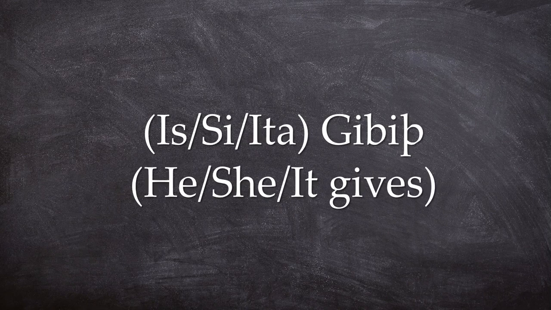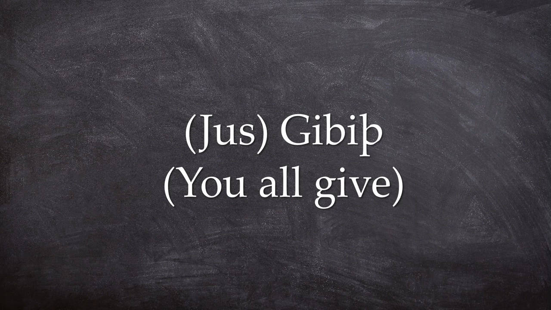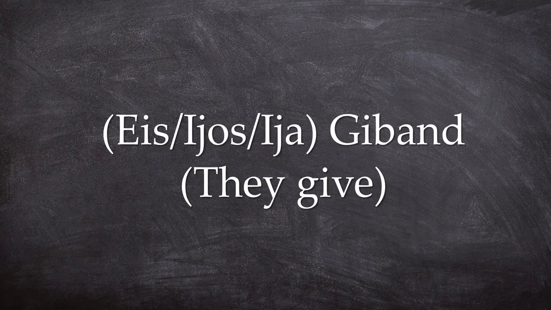He, she, it gives would be gibith. And the first person plural, which is we give, would be gibam. You all give, the second person plural, would be gibith. And they give would be giband.